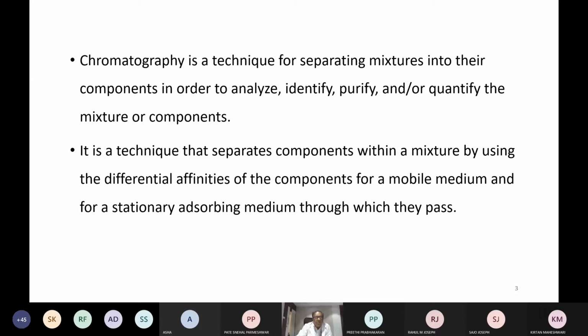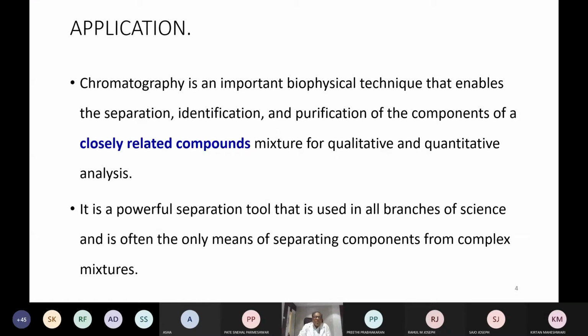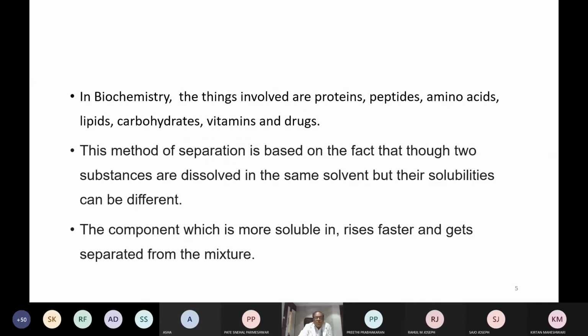We'll come to that in the next slides. It is an important biophysical technique that enables separation, identification, and purification of components or color related compounds, and it is a powerful separation method used in all branches of science. In biochemistry, it is more applicable with proteins, amino acids, carbohydrates, vitamins, and drugs.